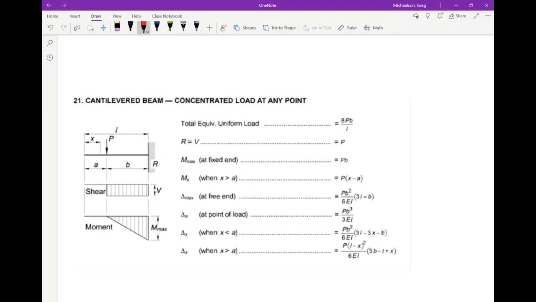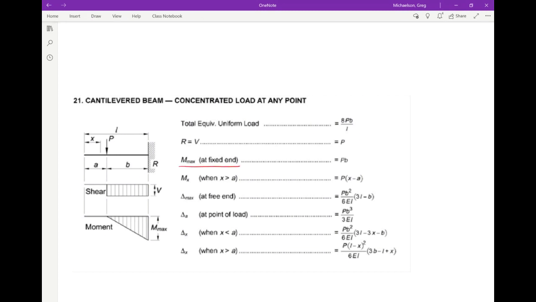First off, the maximum moment is again at the fixed end, but the equation's different. It's not P times L, it's P times B. What's B? I know what length is, but what's B? Again, go to your diagram. I want to be clear: B is not the distance on the right.